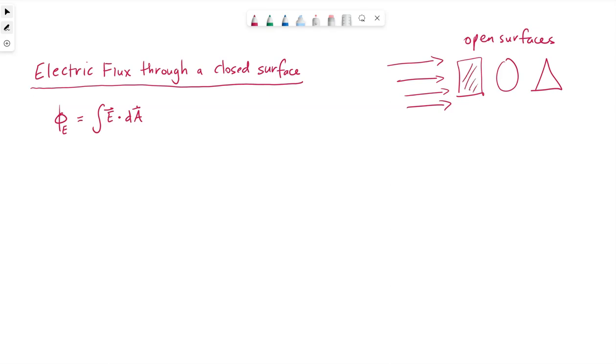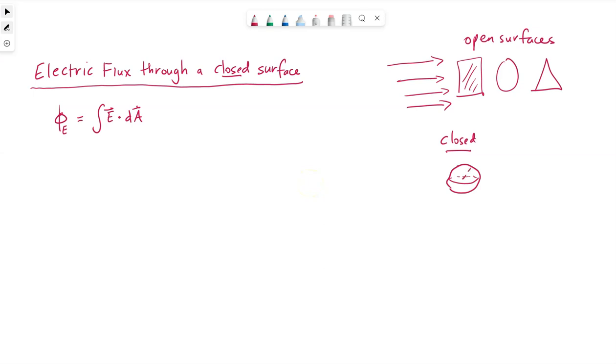A closed surface is something like a sphere, I'm trying to draw a sphere. So a closed surface would be something like a sphere, a cylinder, a box, anything that has an inside and an outside.